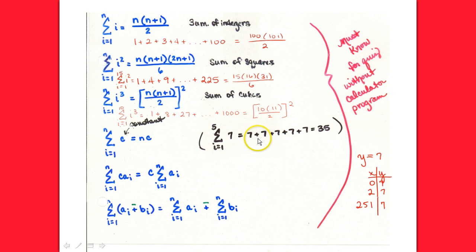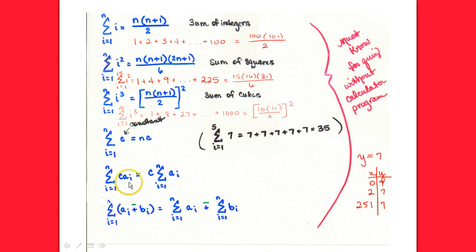So instead of sitting here writing this number over and over again, however many times I have for n, it's a whole lot faster to just take n, the number of times you're going to write this number, and multiply it by your constant. You can see if I would have just done 5 times 7, I would have gotten that 35. So this summation of a constant will make things a lot faster.